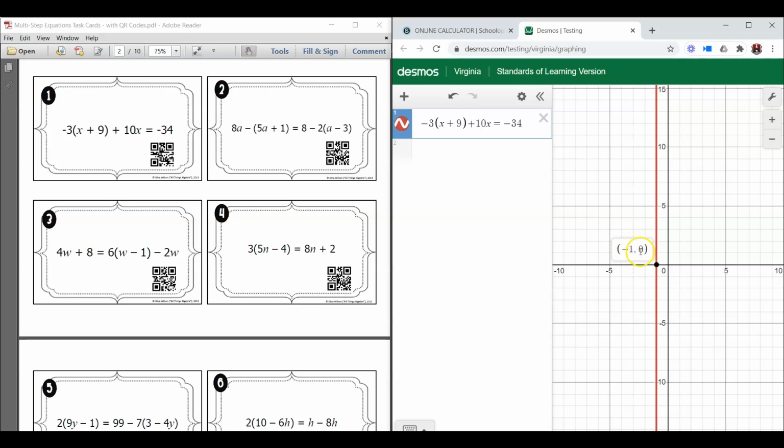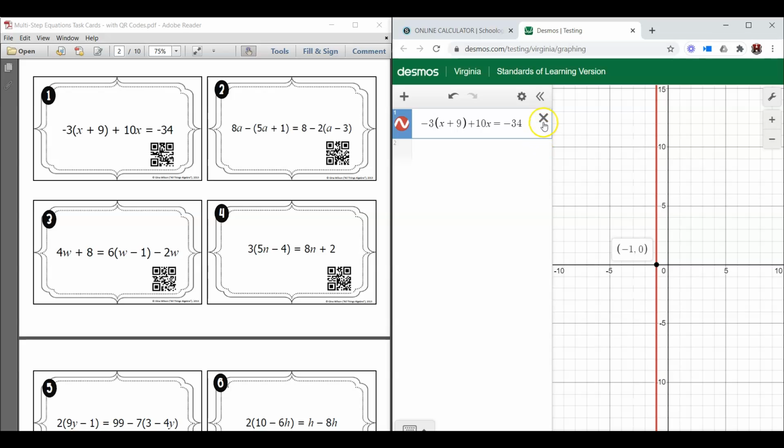That x value that you see right there of -1 is the solution to this equation. So for equation number one that we see over here, the answer would be x equals -1. X equals -1. Simple as that. So you're looking for that line on your screen.